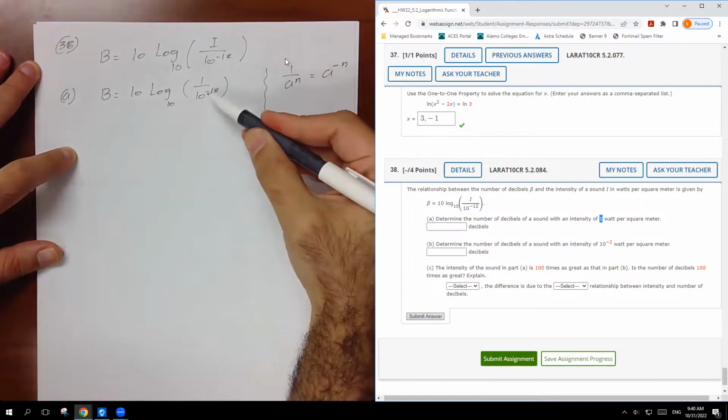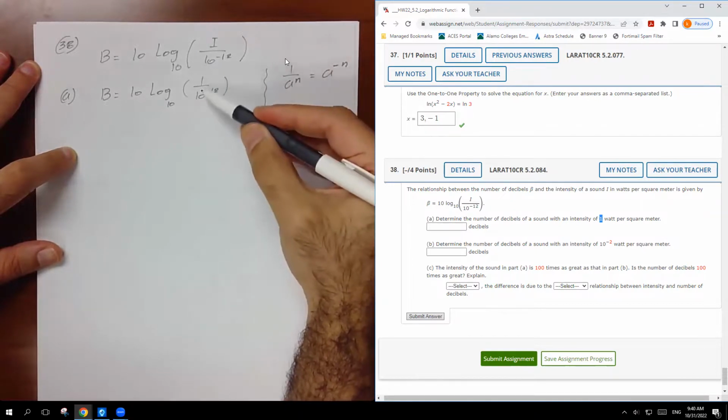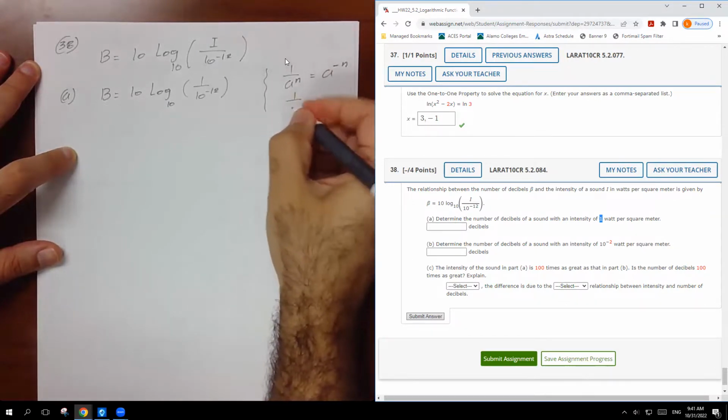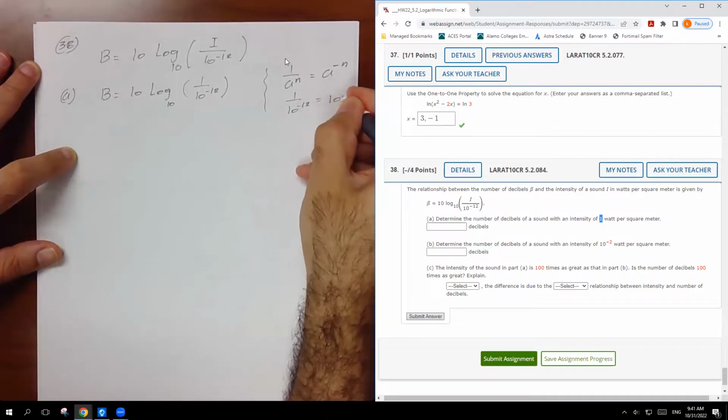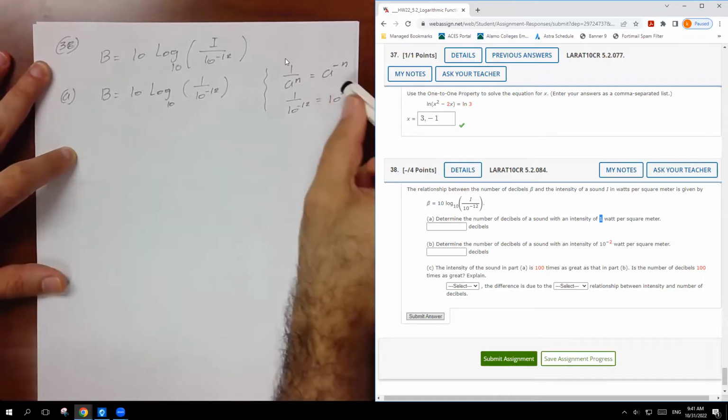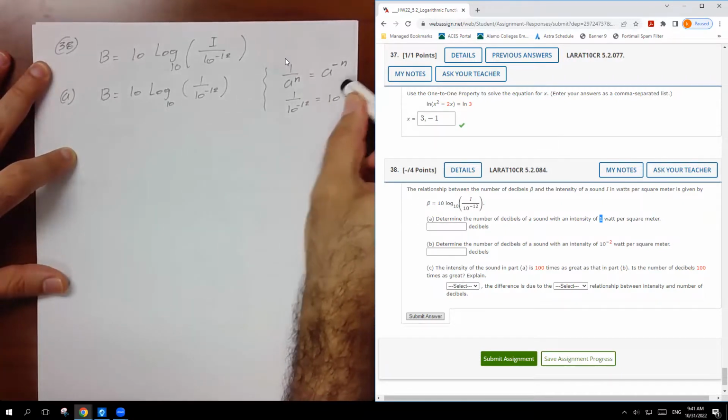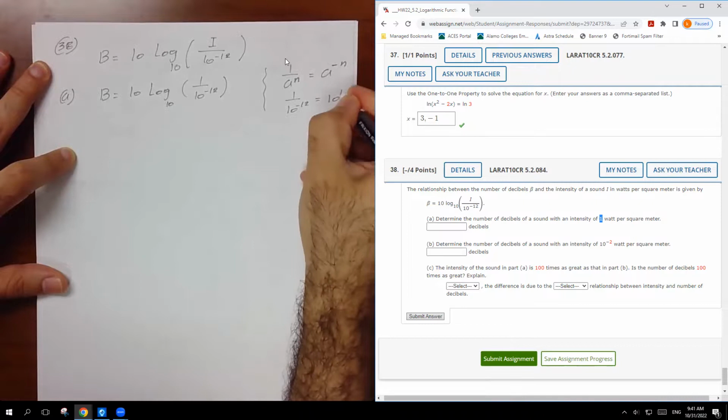That means if I take the reciprocal, 1 over 10 to the negative 12 is going to be 10 to the positive 12.